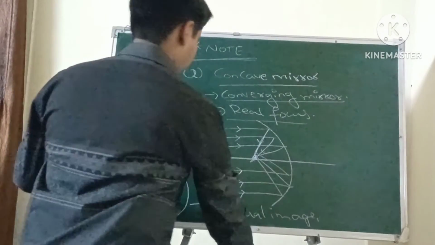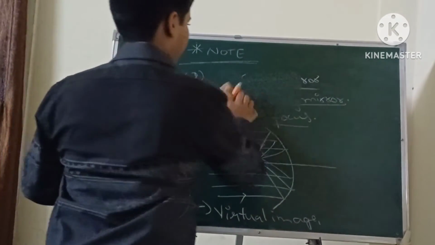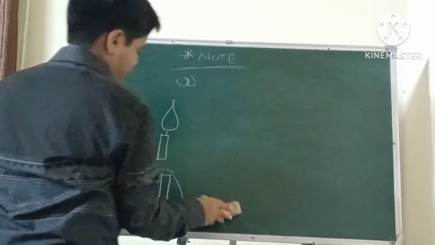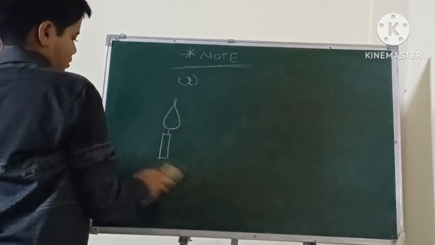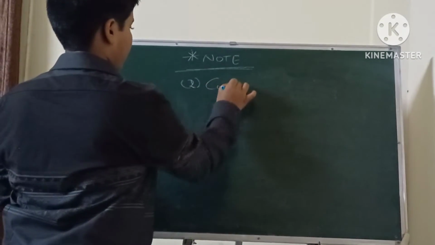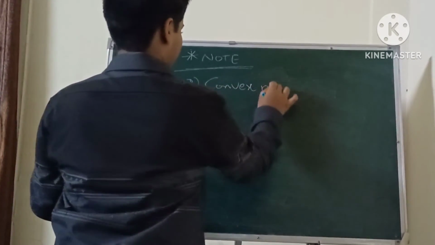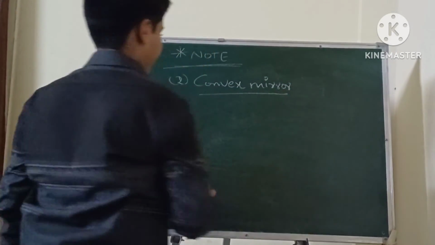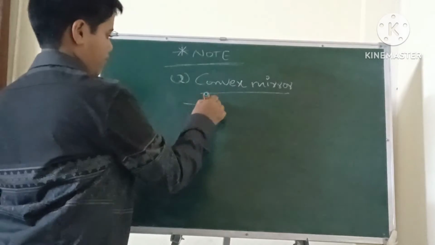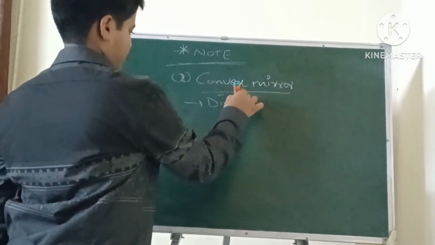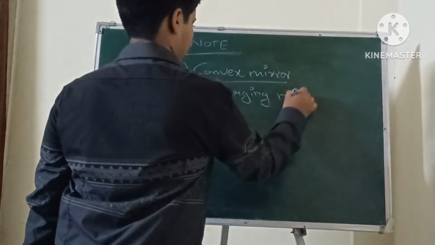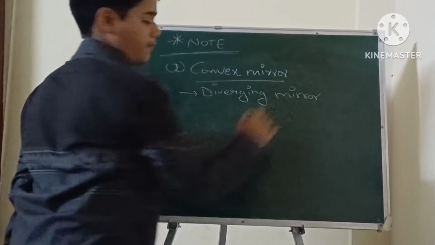The second one, convex mirror. A convex mirror is also known as a diverging mirror.